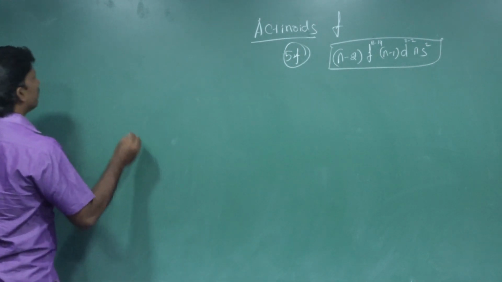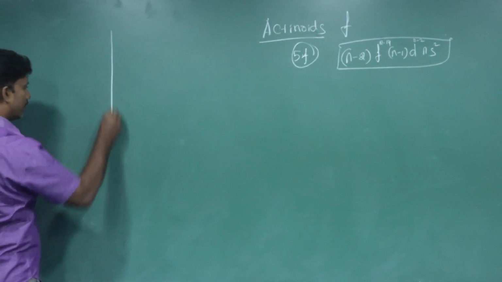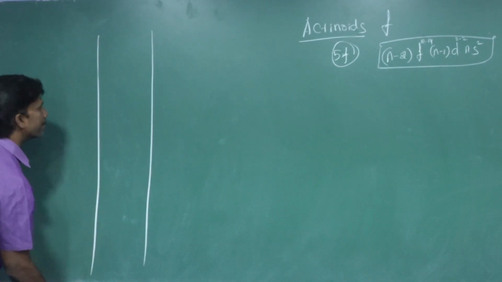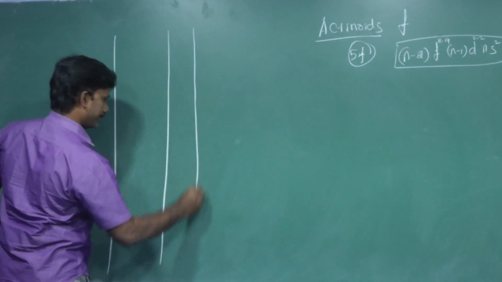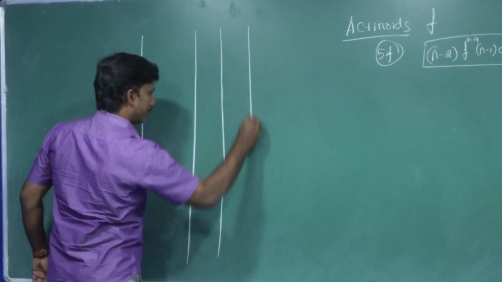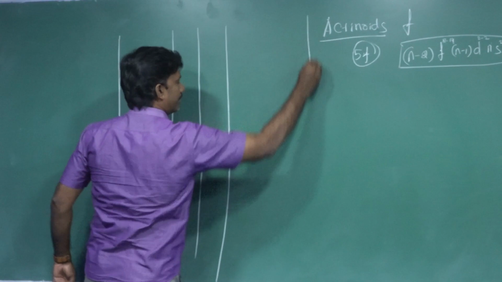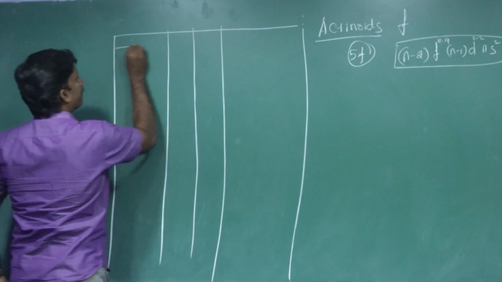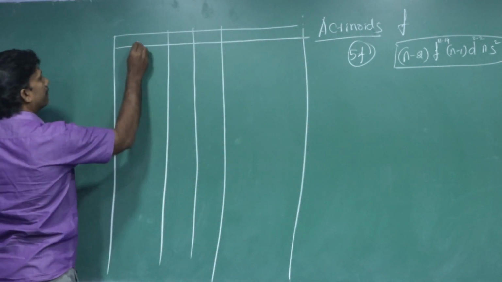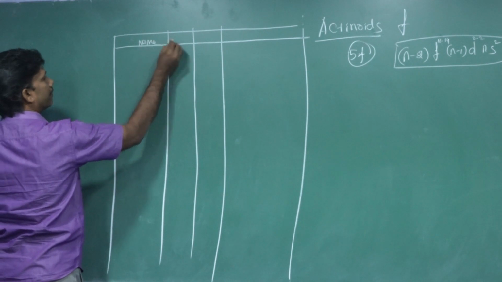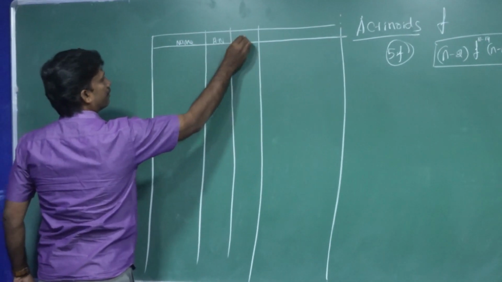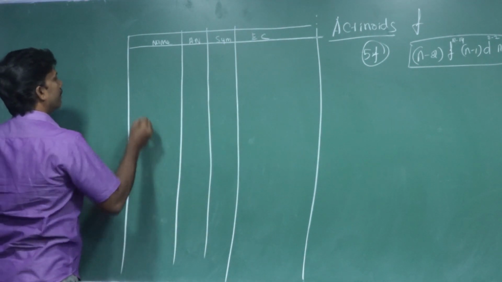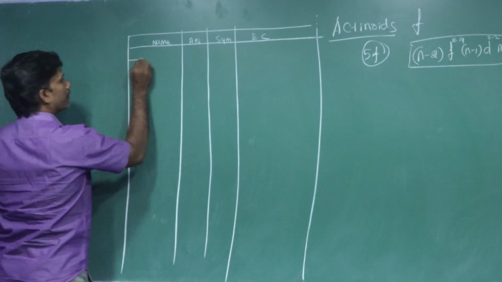We take columns here: one for name, one for symbol, one for atomic number, and then the electronic configuration. You need to write 15 rows.